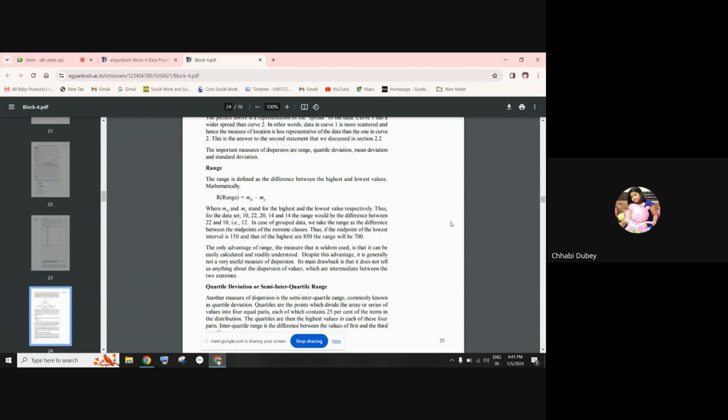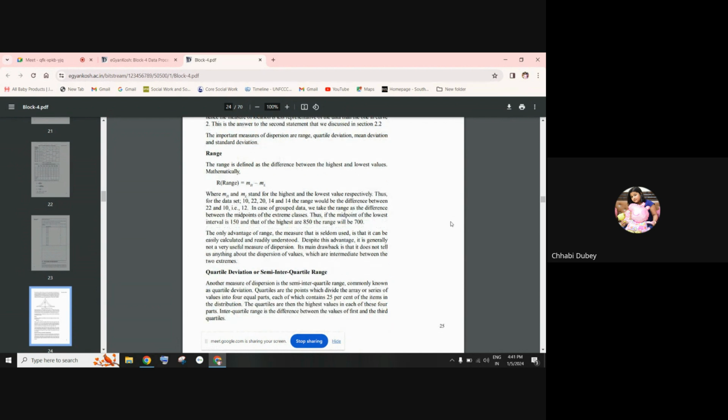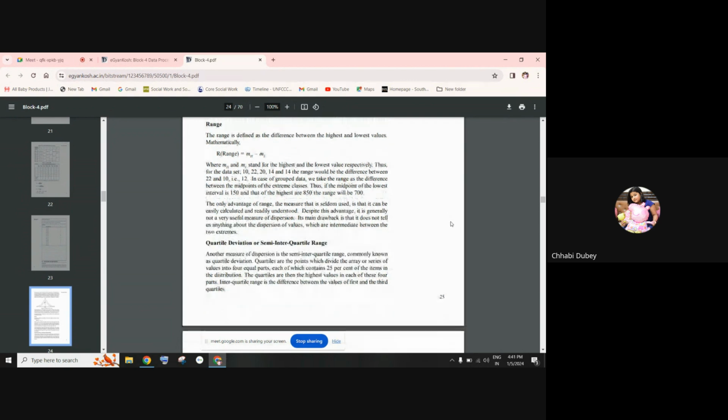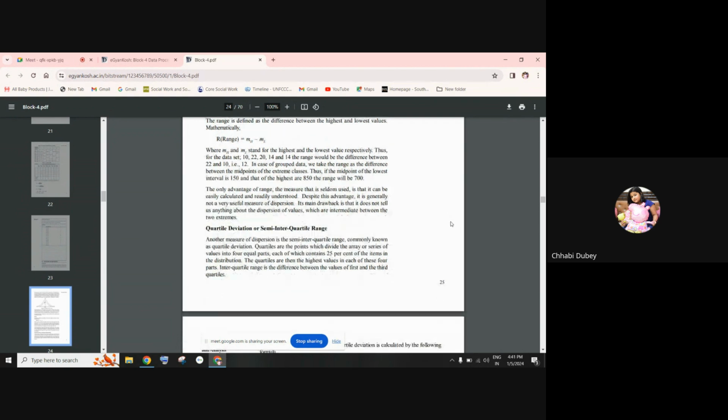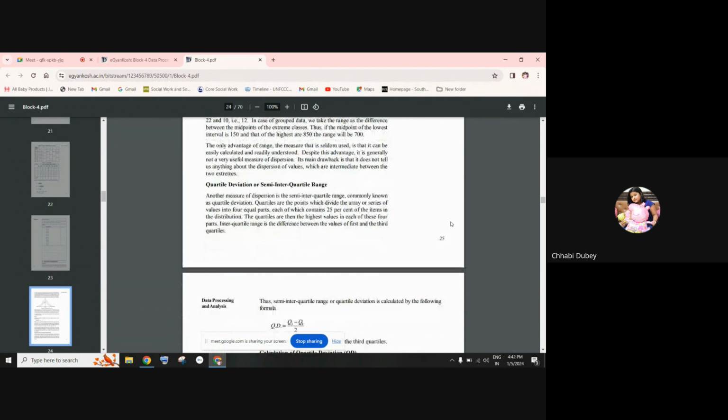Now, after range, another measure of dispersion that we use is the quartile deviation or the semi-interquartile range. This is another measure of dispersion, commonly known as the quartile deviation.